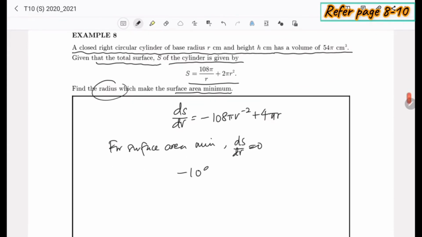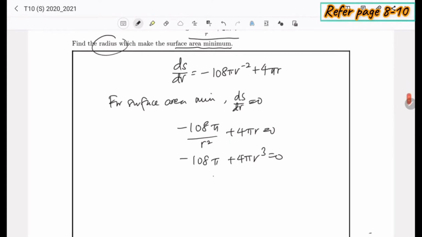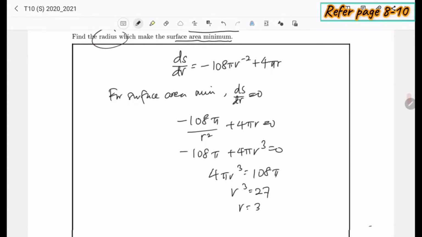So negative 108 pi over r squared plus 4 pi r equals 0. Negative 108 pi plus 4 pi r cubed equals 0. So we have 4 pi r cubed equals 108 pi. So r cubed equals 27, r equals 3.